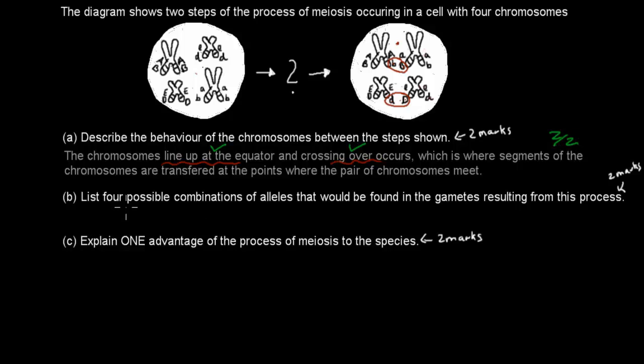And the second part was list 4 possible combinations of alleles that would be found in the gamete resulting from this process. So remember, these will break up, and each gamete will get one of the E and Ds, and one of the A and Bs. Obviously in any kind of combination, but they'll have one of these chromosomes and one of these.